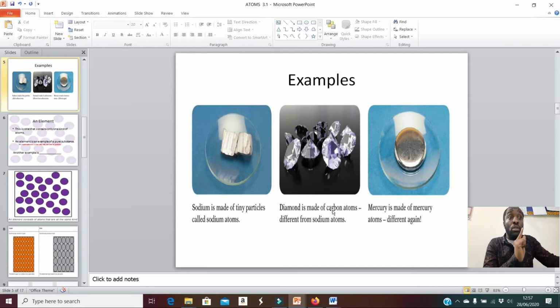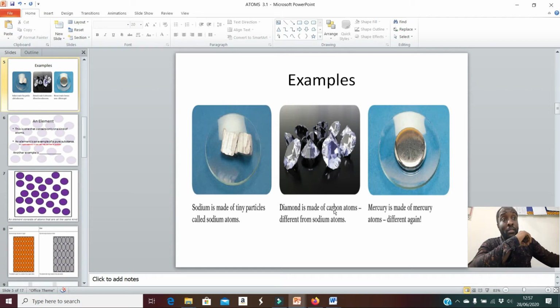This also goes for diamond, which is made of tiny particles called carbon atoms. So generally, atoms come together and form the objects or substances we have around us.